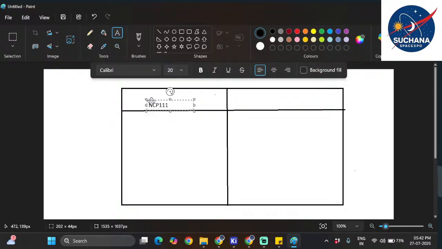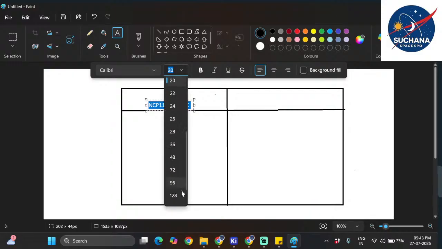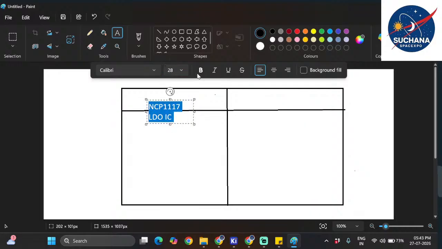So we are discussing the NCP 1117 LDO, low dropout voltage integrated circuit. And the next one is MXL 7704, which is one kind of power management integrated circuit.